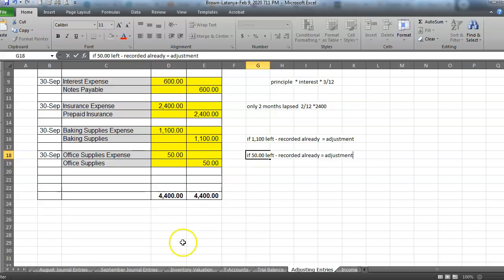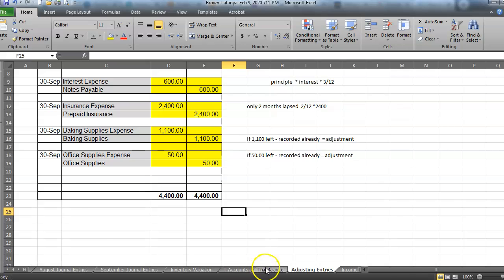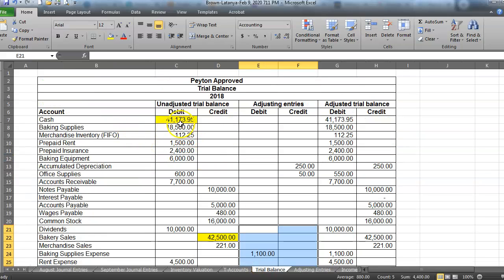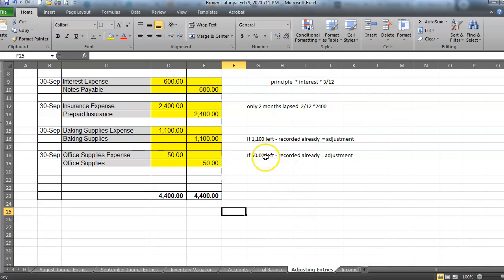And what did you record already? Well, let's find out. If you go to your trial balance, you recorded $18,500 already. And for your supplies, let's see if I can find, you recorded $600 already. So that should be $50 minus $600, give you your adjustment. $1,100 minus the $18,500 that you recorded, that should be your adjustment.